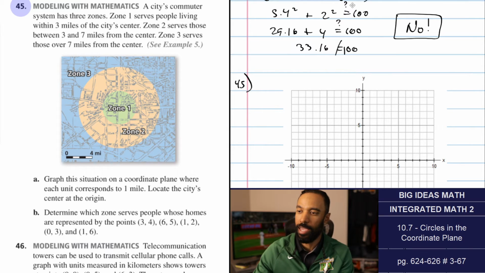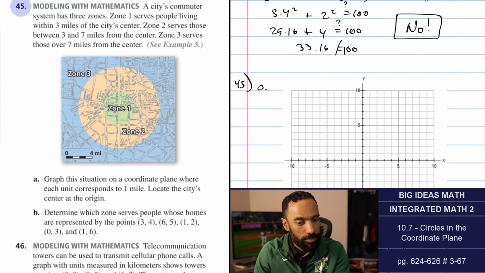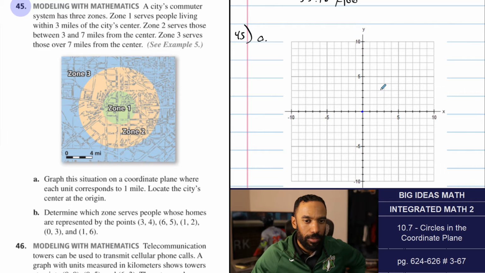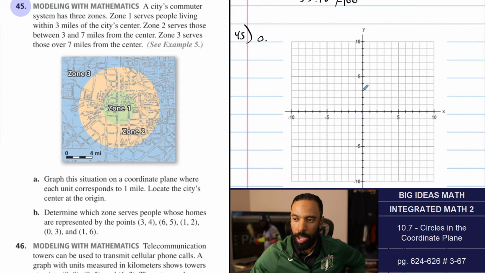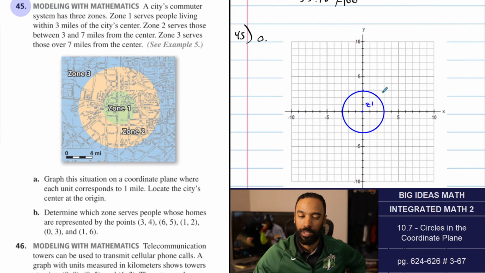So part A, graph the situation on a coordinate plane. So here's our center. Zone 1, people living within 3 miles. So up 3, right 3, down 3, left 3. So here's zone 1, I'll call it Z1.